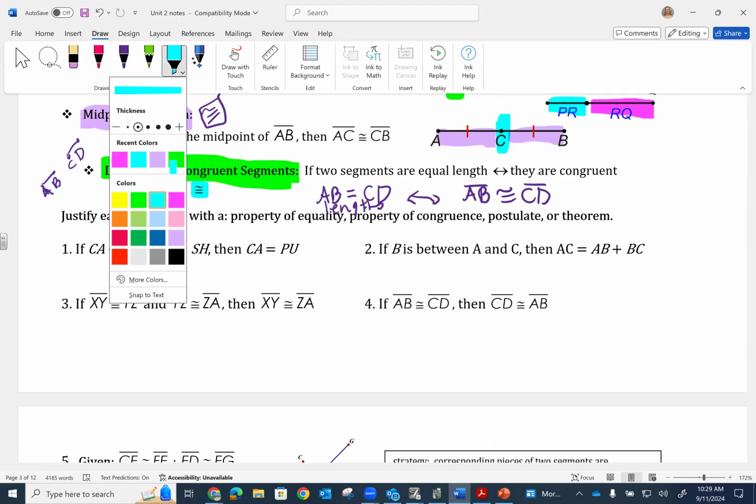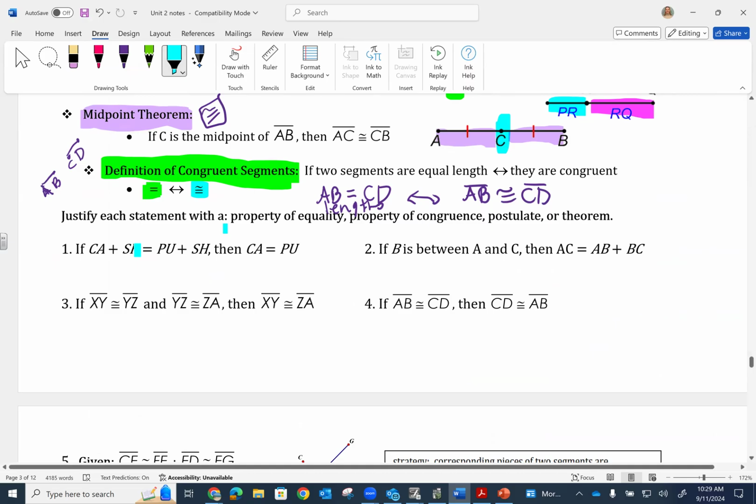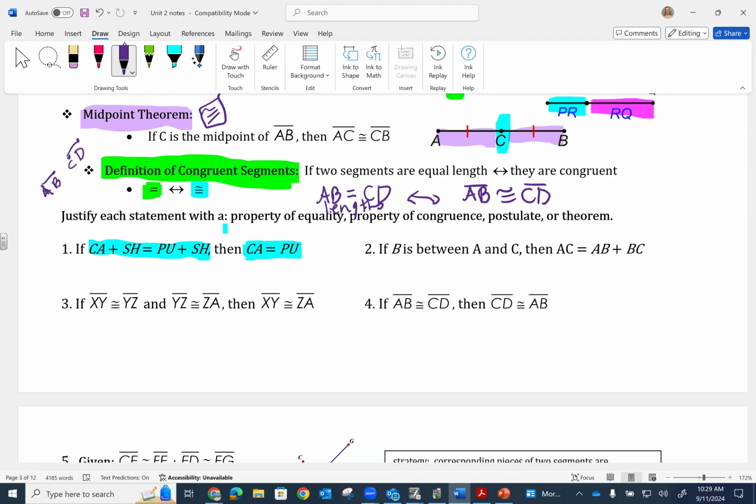If you start with CA plus SH equals PU plus SH, and then you end up with this, what changed? It's like when you go to the hair place and they ask, did you notice any difference? If this was the start, what's different in the second one? Notice the SHs are gone, aren't they? What did they do to both sides of the equation to get rid of the SHs?